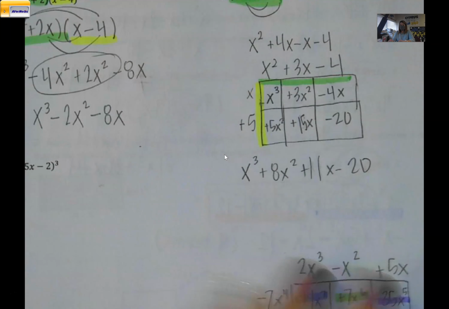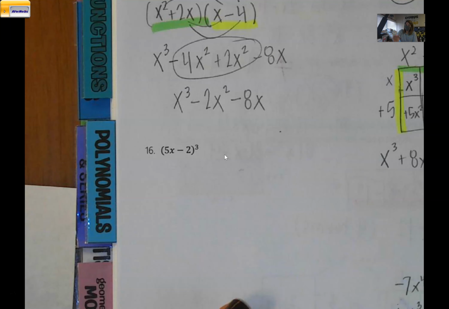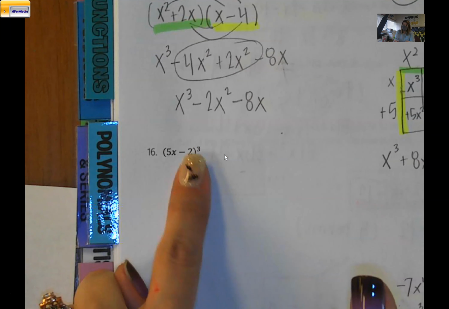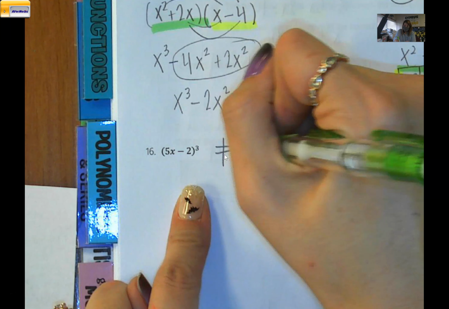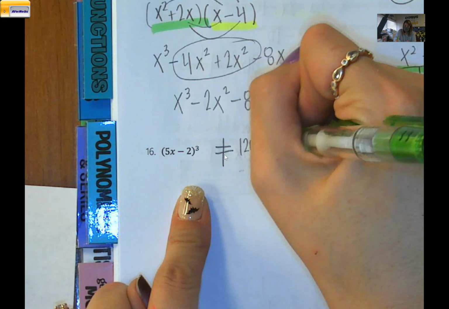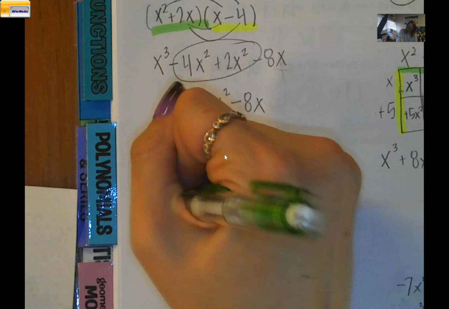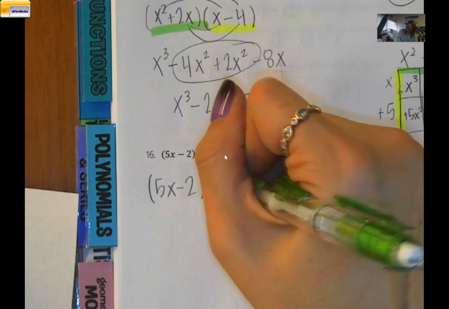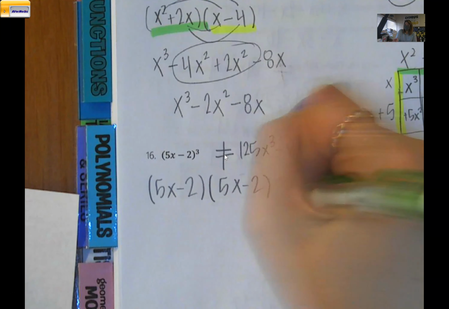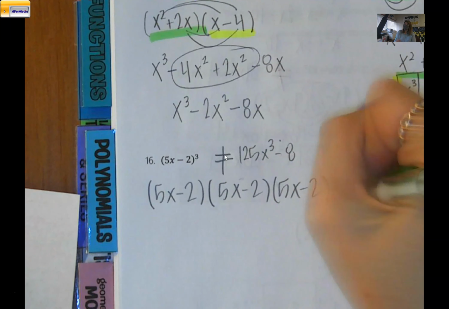And it's the same as what we just did. We have to remember, though, that when you have a cubed out here, this is not 125x cubed minus 8. What you have to do is 5x minus 2 times 5x minus 2 times 5x minus 2.